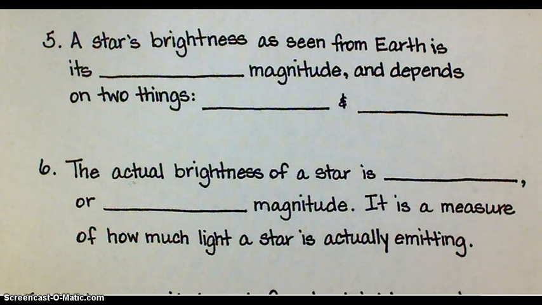And apparent magnitude is going to depend on two things. And you guys have told me this repeatedly in class. You know that how bright a star seems to be is going to be influenced by how far away it is. The sun appears really, really bright to us just simply because the sun is so close to us. It's not really that the sun is a very bright star. There's a whole lot of stars out there that are a whole lot brighter than the sun.